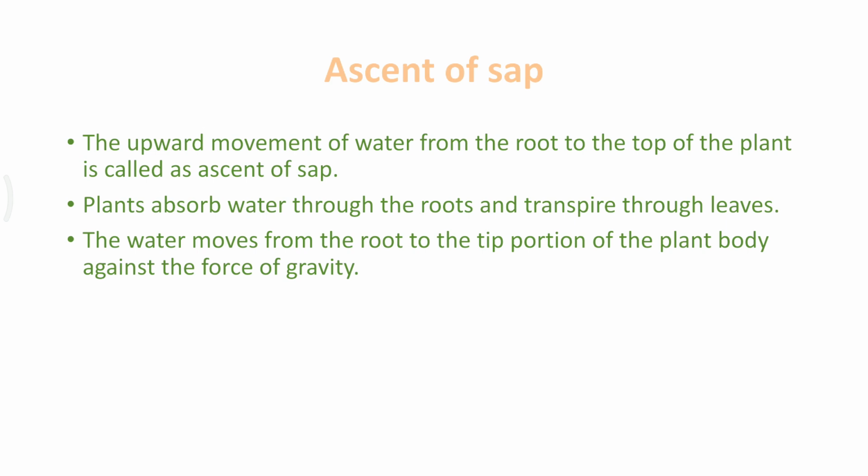The plant absorbs water through the roots and transpires through the leaves. So when one molecule of water, or just one drop of water, has converted itself from liquid form to vapor form, it has been eliminated, and after the elimination has occurred, again there is a suction pressure which is working, and that suction pressure pulls another water molecule outside, and again the same thing happens with that water molecule.